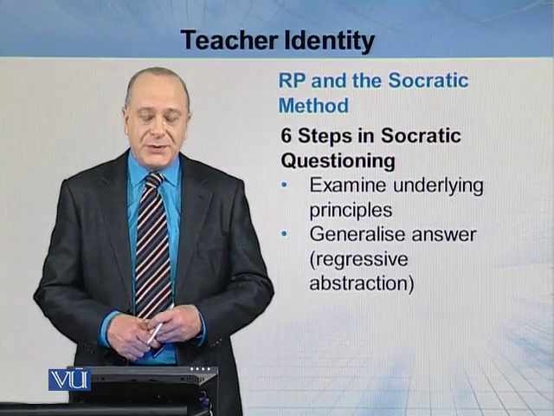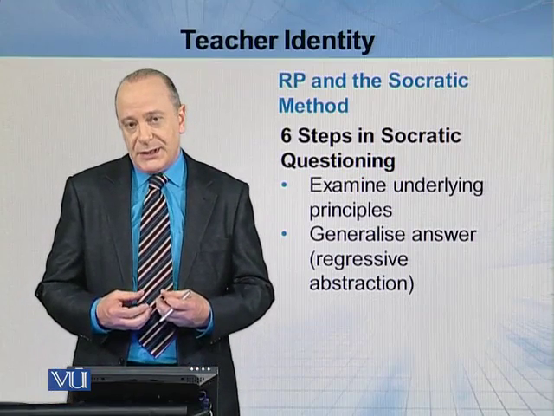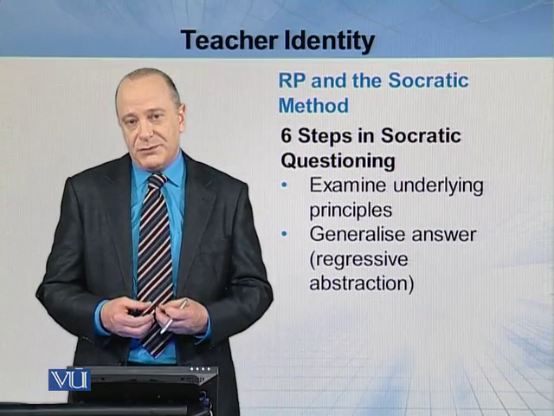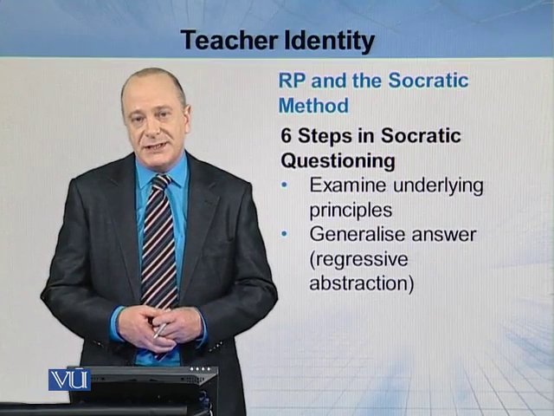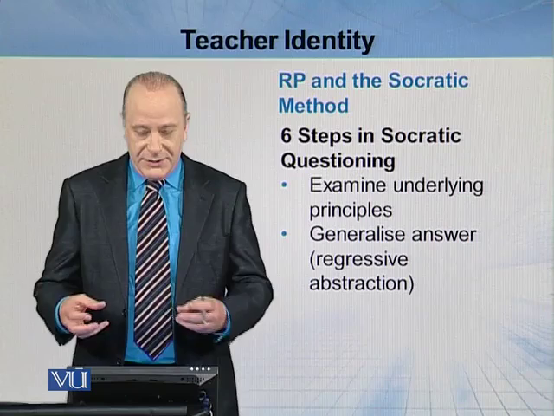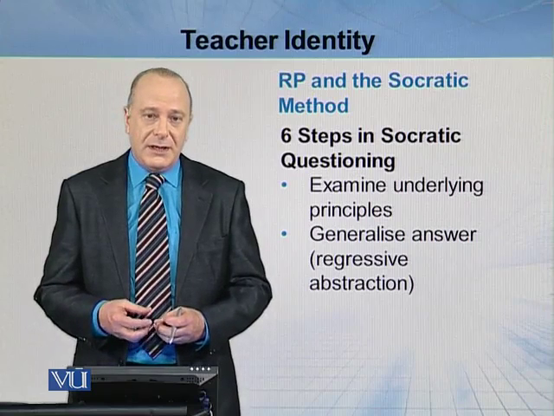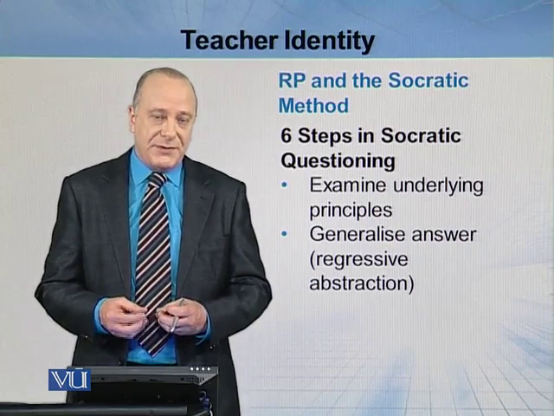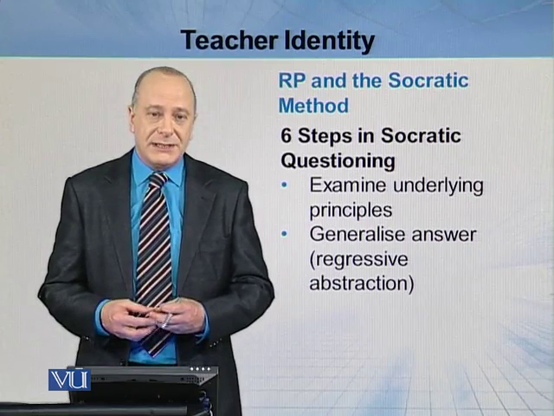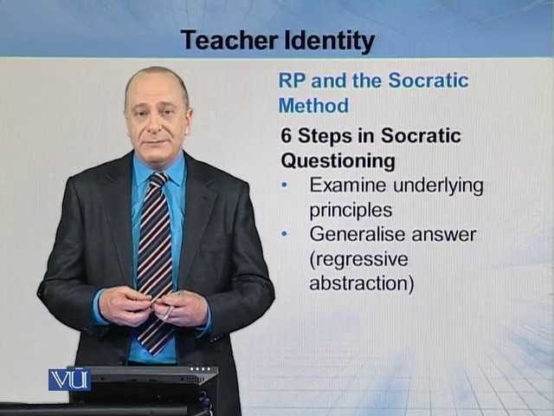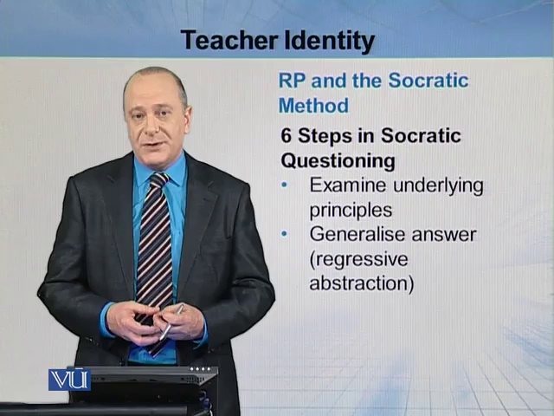And then the final 2 questions. What is perhaps significant to realize with questions in the Socratic method is that these final 2 questions are where most of the thinking will take place and where real learning begins to occur.